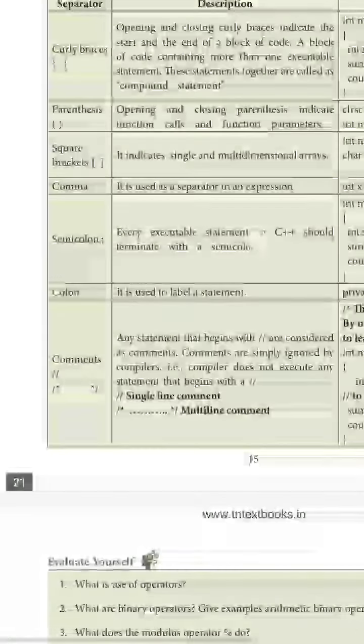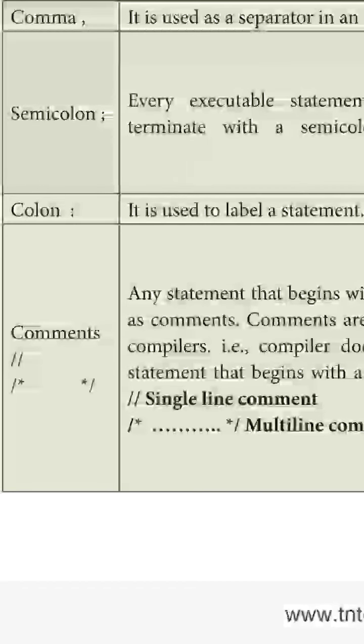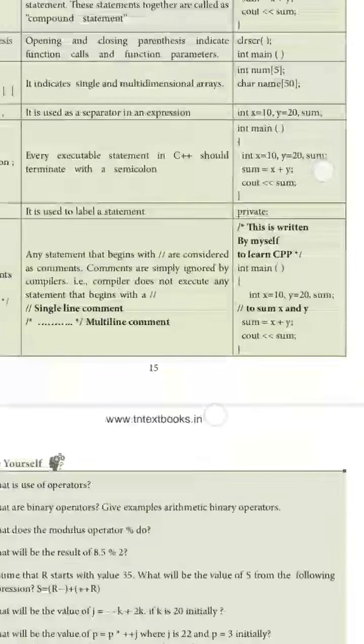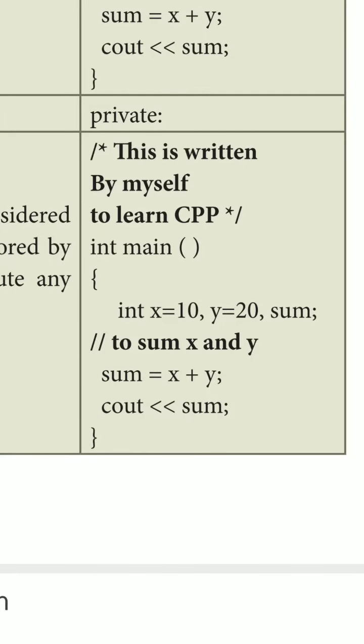Next is comments: single line comment and multi-line comment. If you are using a single line comment, then you will be using double slash. If you are using a multi-line comment like in this example, you'll be using slash star, then the multiple lines of comments, and then ending with star slash after it.